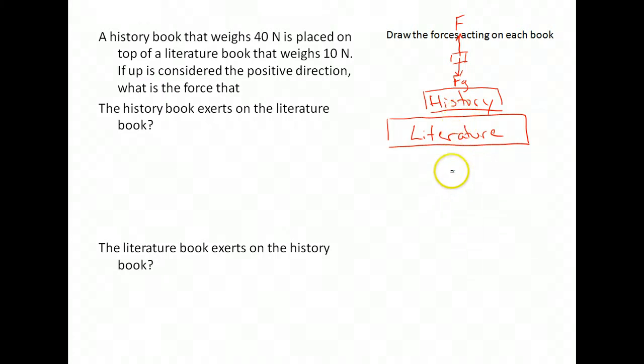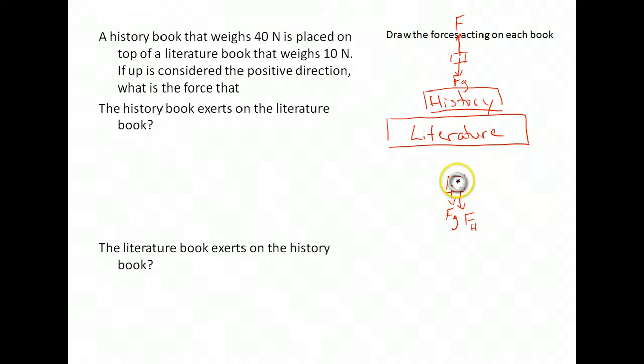if we start looking at the literature book down here, so I'm going to redraw it down here, we've got the force of gravity pulling it down, its weight, but we also have the force of the history book pushing down on it. So I'll just say force of the history book here.